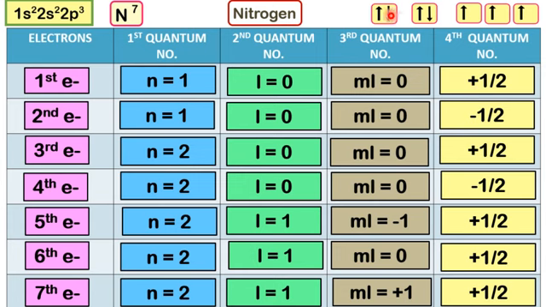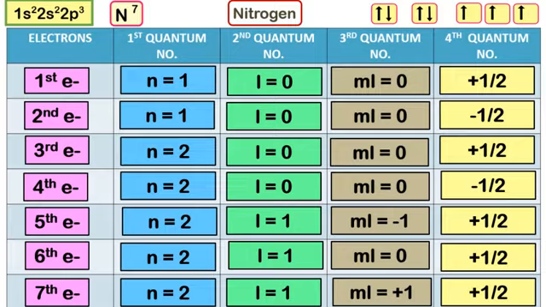So first electron, second, third, fourth, fifth, sixth, seventh electron. Up meaning positive 1 up, down negative 1 up, and so on.